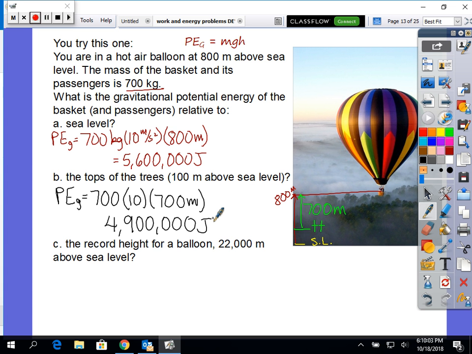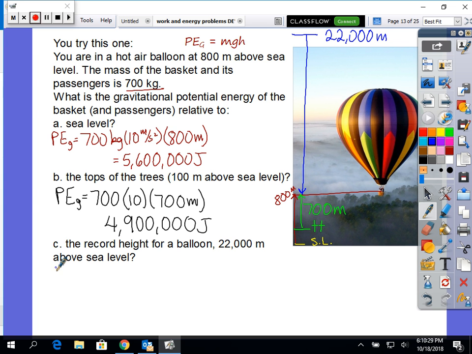Now the last one says, find the potential energy relative to the record height for a balloon, which is 22,000 meters above sea level. I can't really do that to scale here, but if this is 22,000 meters, h is going to be negative. It's going to be this distance.